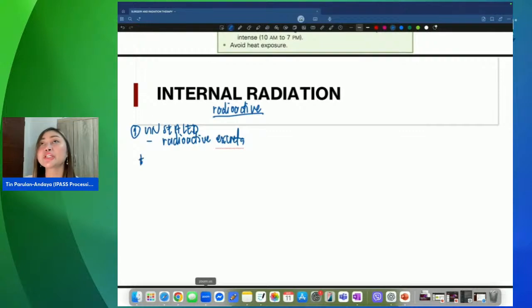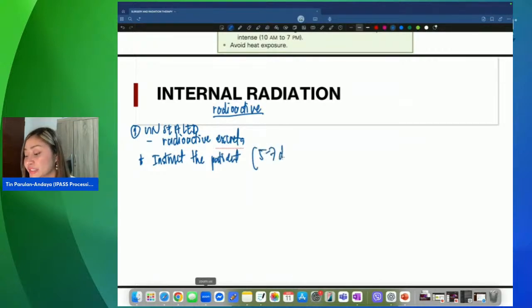It's very important to instruct the patient that they will have a separate toilet. The patient will be isolated. Instruct the patient that he or she will be isolated for how many days?